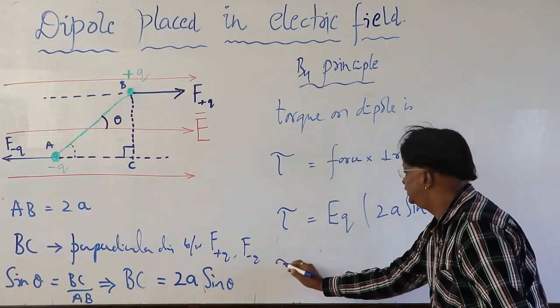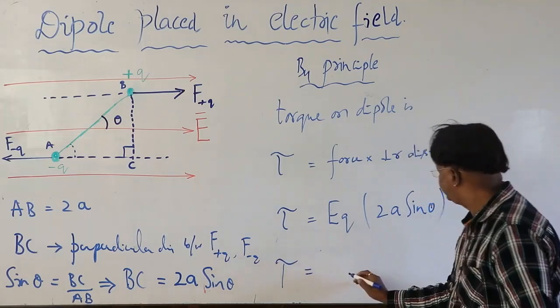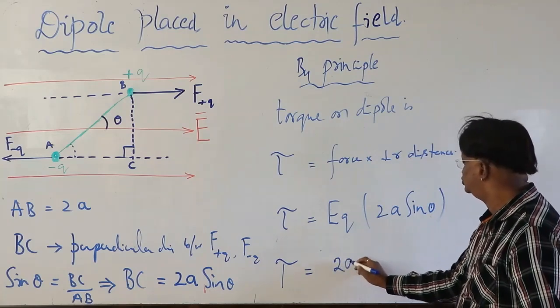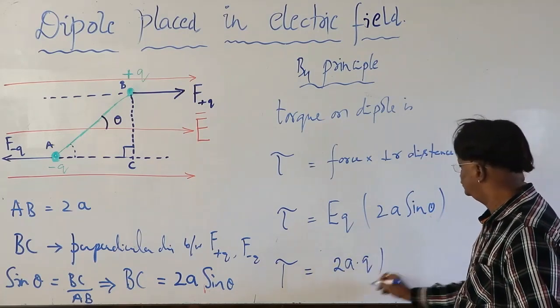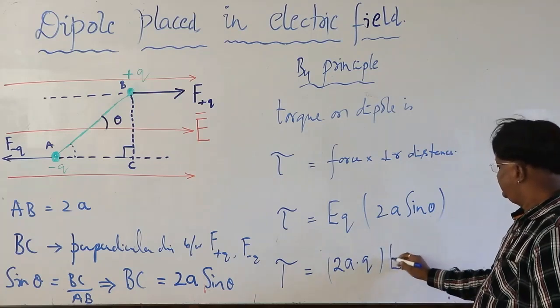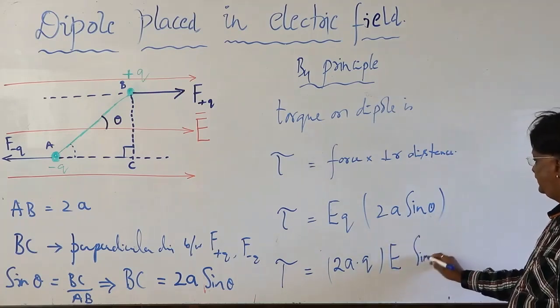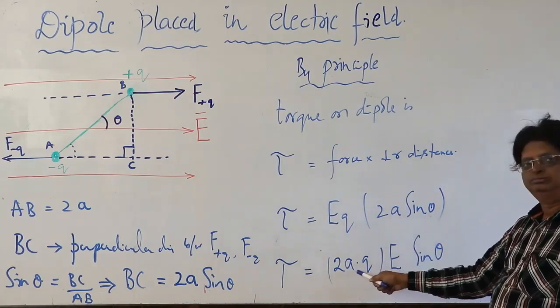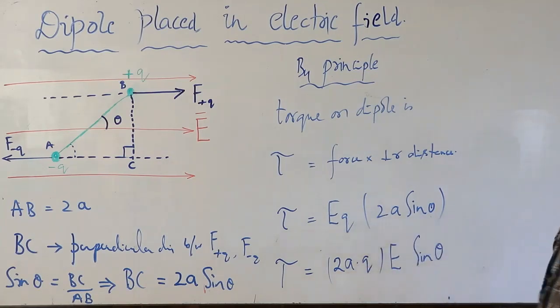So tau is 2a q, then this is E, then this is sin theta. Is that okay? Simple rearrangement of them: 2a q, this E term and sin theta.